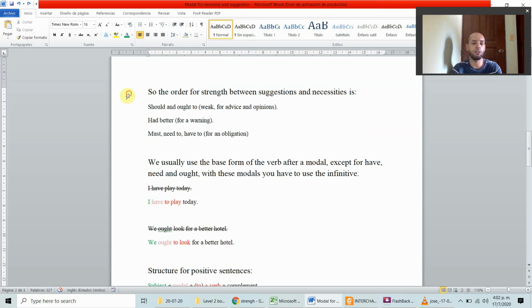So the order for strength between suggestions and necessities is: should and ought to are weak modals, used for advice and opinions only.